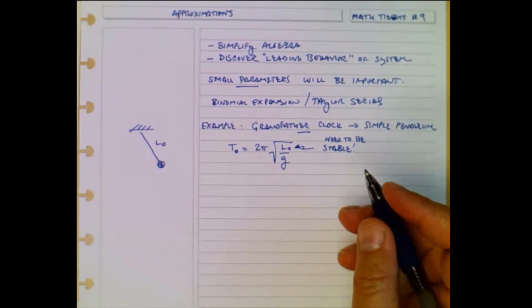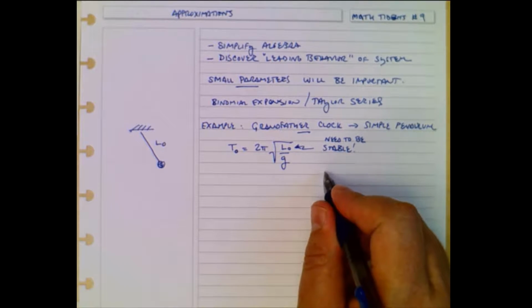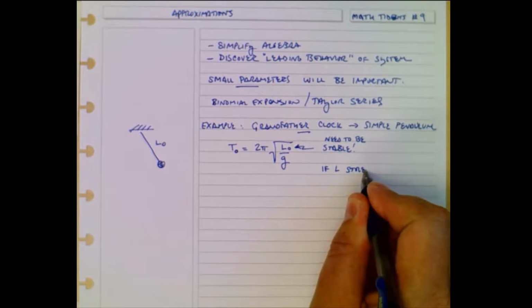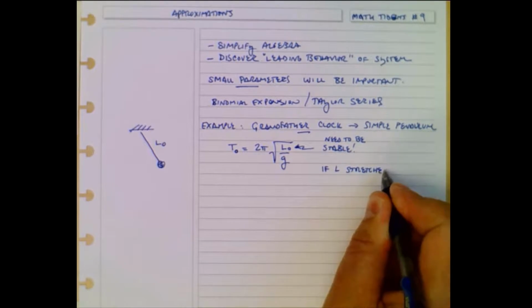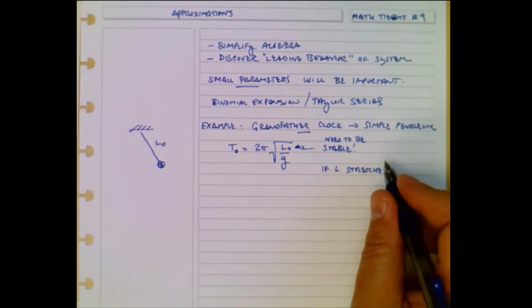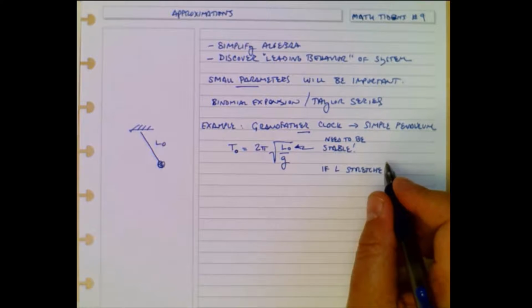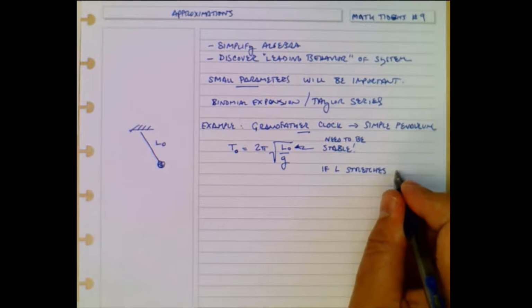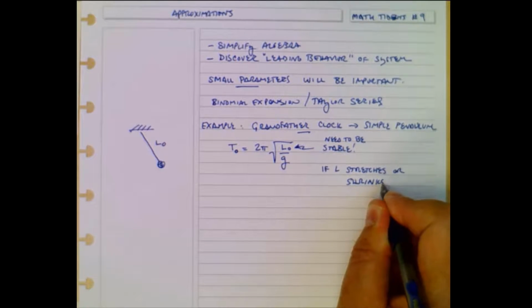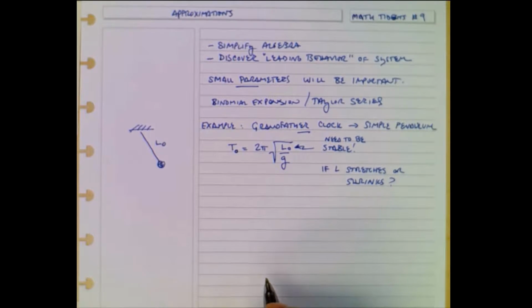What happens if it stretches? Well, what happens if it shrinks because it becomes cold, and the pendulum string is made of wire, some metal wire. What happens to the period if L stretches or shrinks?